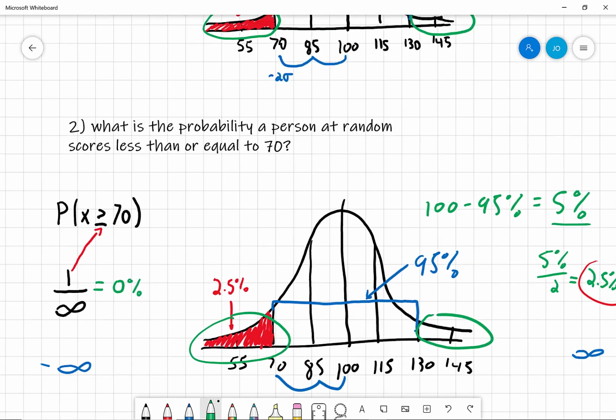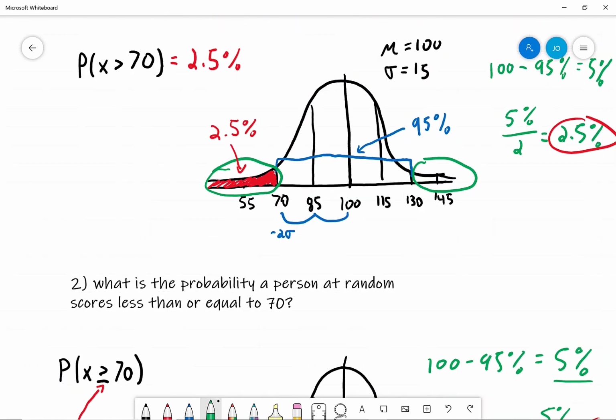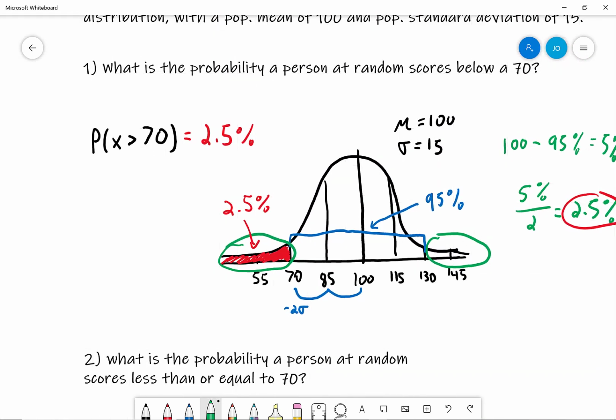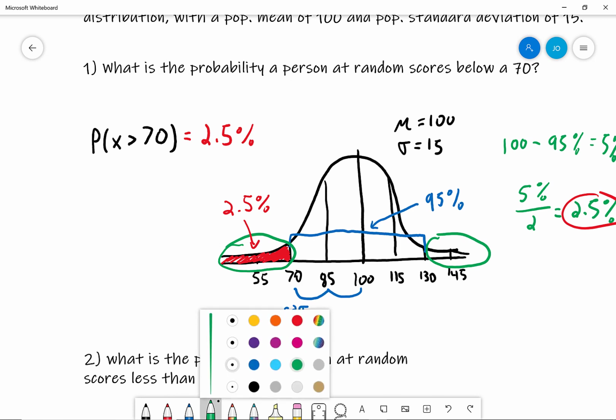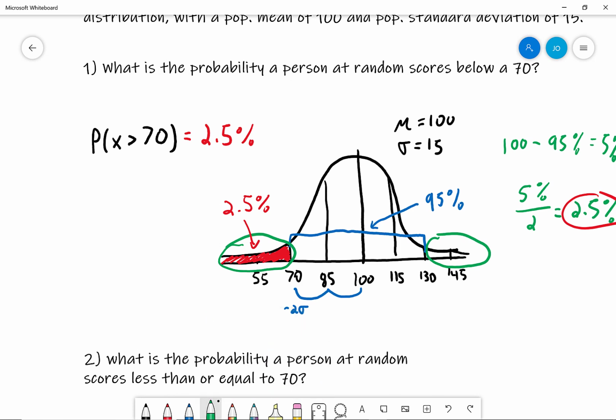What we were actually doing in problem 1 is we were looking for values less than 70. So technically, because we're using a continuous distribution, we were including values here like 69.9999999, 69.9999998. We were including all of these different values even though you couldn't obtain it.